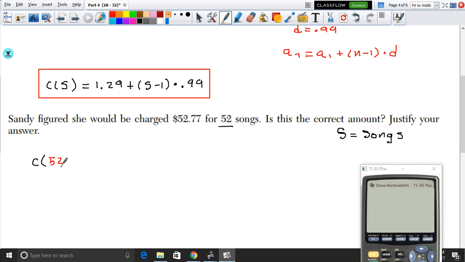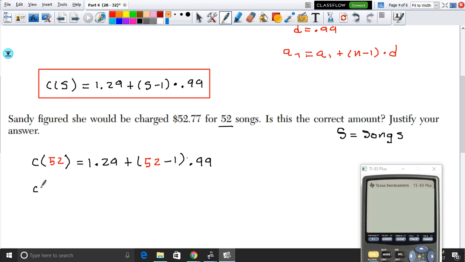Close it. Let's see, 1.29 plus, and again, we're looking for 52 songs, so we're going to plug in 52 for S. That's what I'm putting in red, so you can see the difference, minus 1, times 0.99. All right, so let's see what happens.